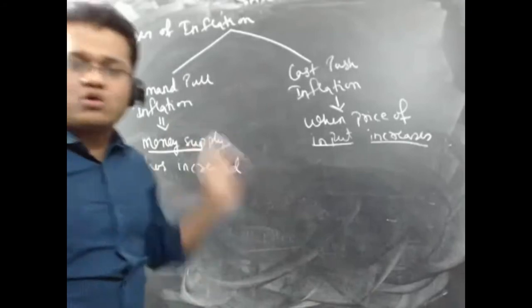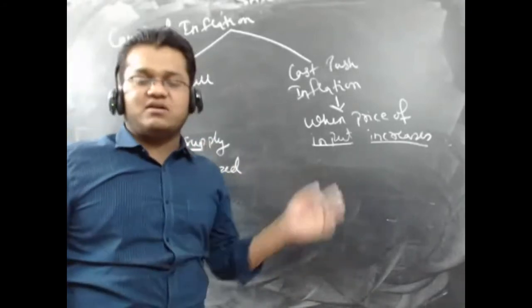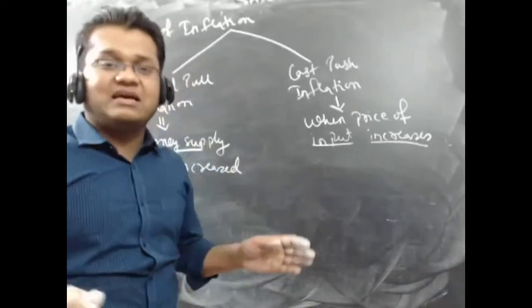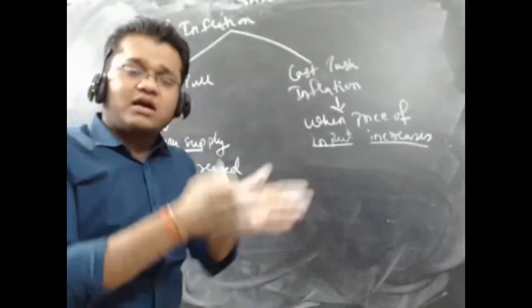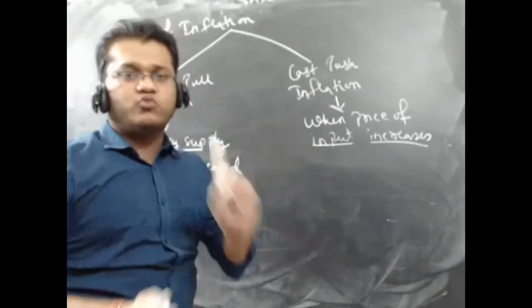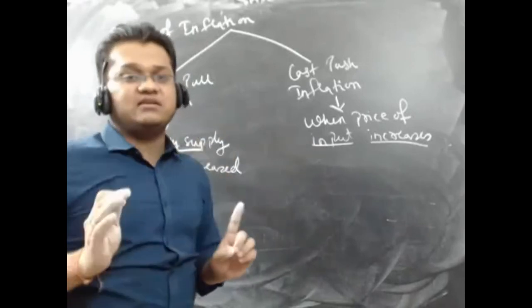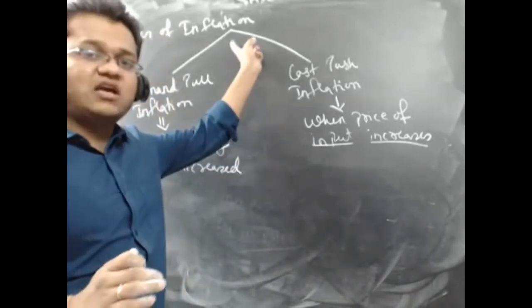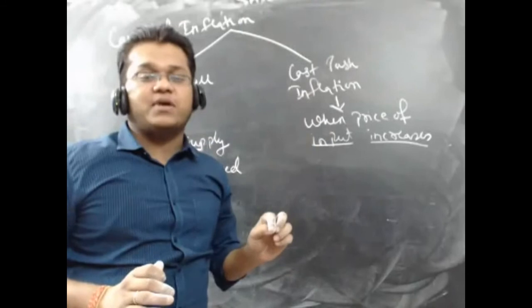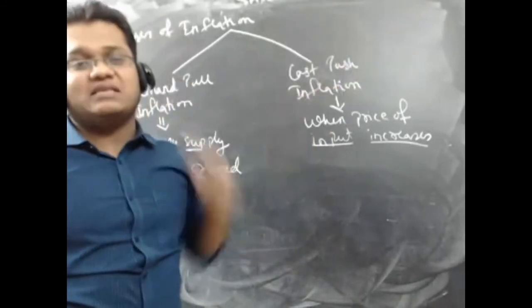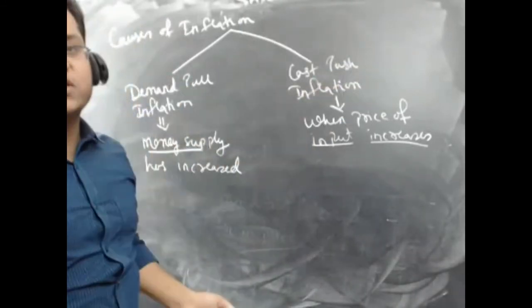So they are simply saying all this discussion on excess demand, demand greater than supply, is nothing. It shortens or filters all the discussion to one thing: money supply has increased. If there is inflation in the economy, it is the money supply that is the culprit. Because money supply has increased, there is demand pull inflation.